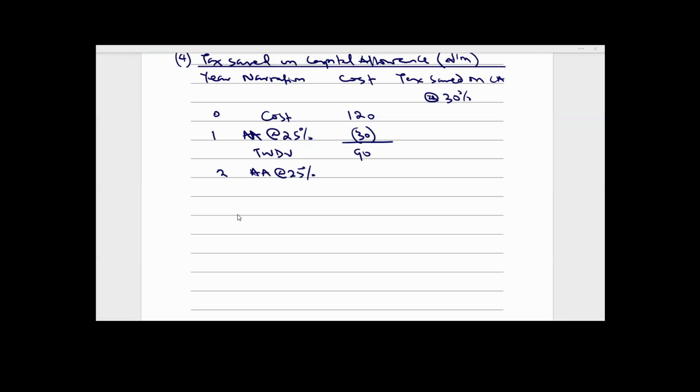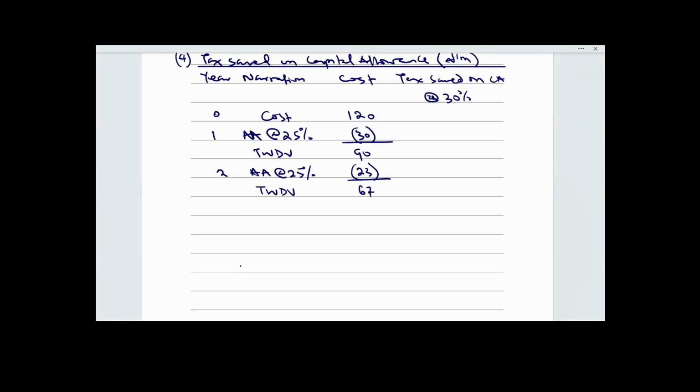So here will be 23. At times, examiner may be specific that you should round your number to 1 decimal point, 2 decimal points, or whole number. Where examiner is silent, you are at liberty to do it anyhow you like. So here will be 67 difference. So this is tax written down value at the end of year 2.